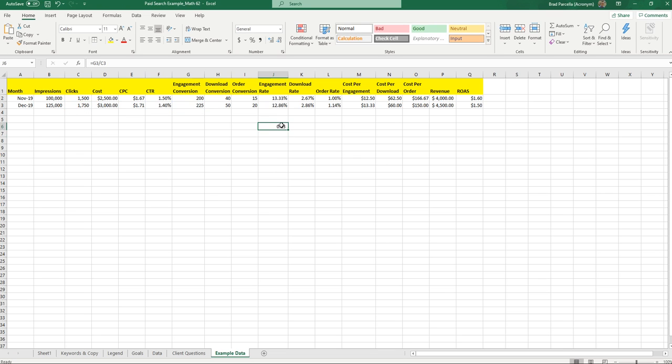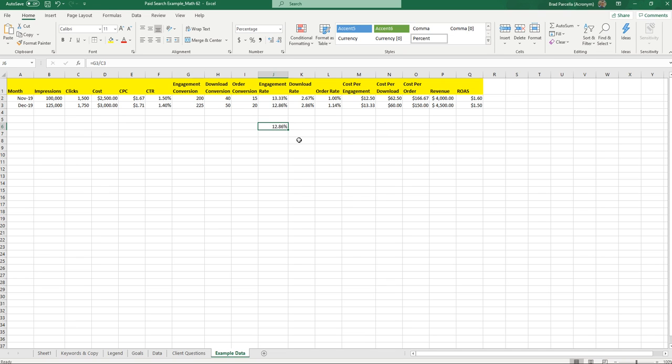So your engagement rate is a percentage, and it's 12.86 in December for this example. So that means 12.86% of the people who have been to the site through your ad campaign have converted in terms of an engagement. They've been on the site for more than 2 minutes.